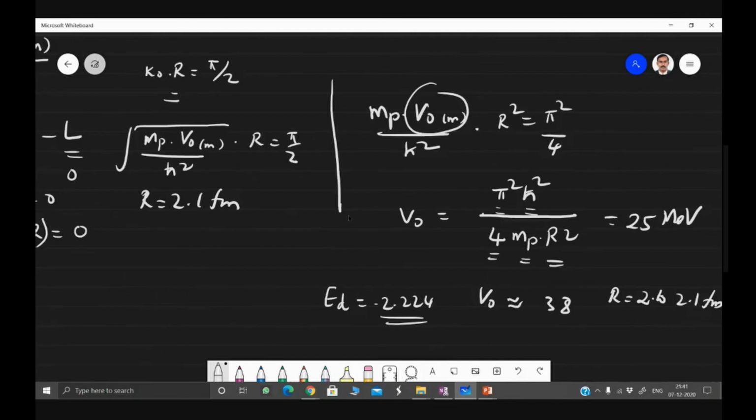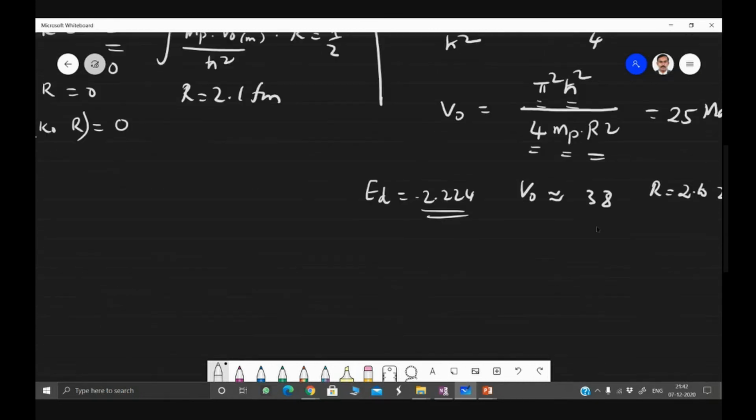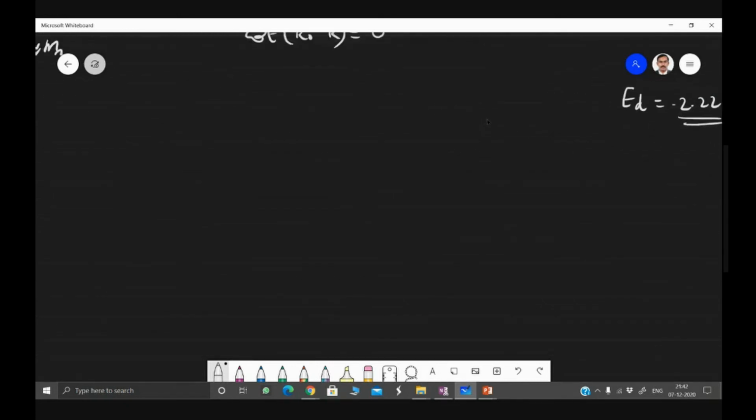Okay. Now we discuss the wave function of the diatron. We will discuss the nature of the wave function associated with the diatron problem.